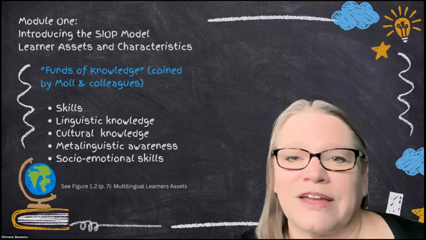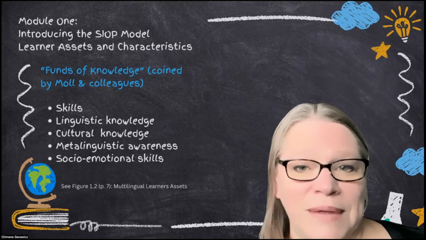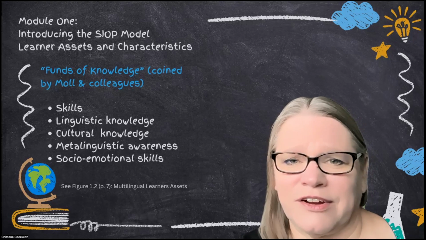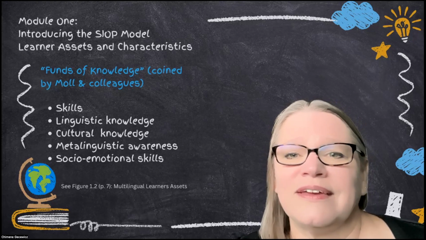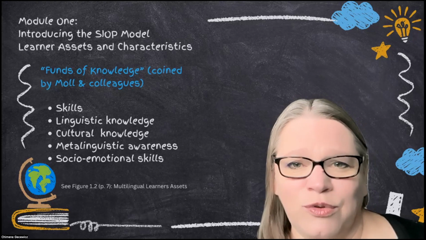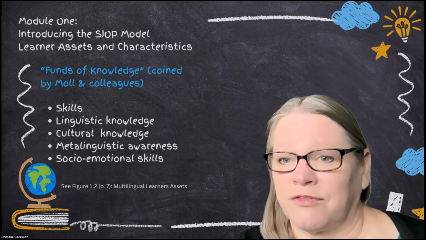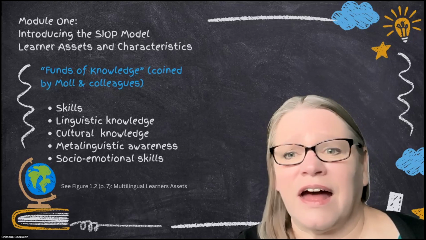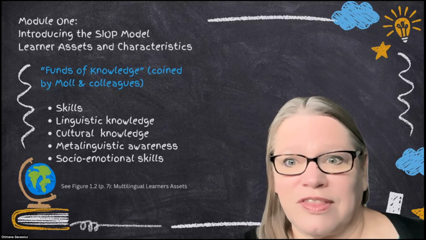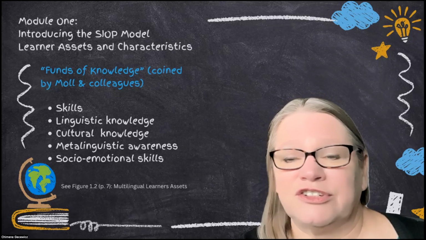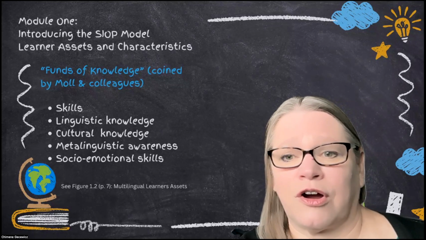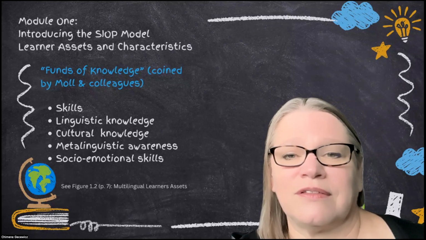First, let's consider language and cultural knowledge. Many multilingual learners have a deep familiarity with cultural norms, customs, values, and worldviews from their families, from their communities, possibly even other cultures that they had contact with in their journey to the United States, which would especially be the case for our refugee and migrant students.